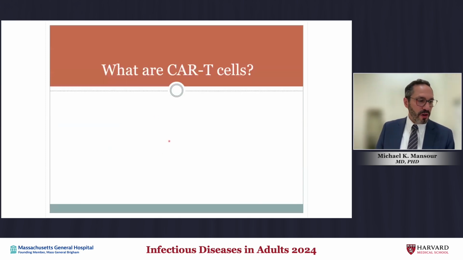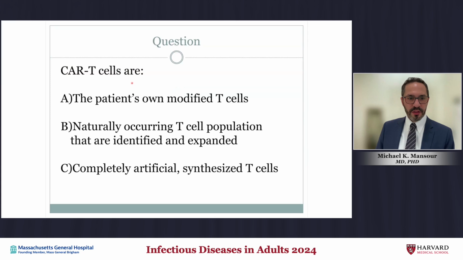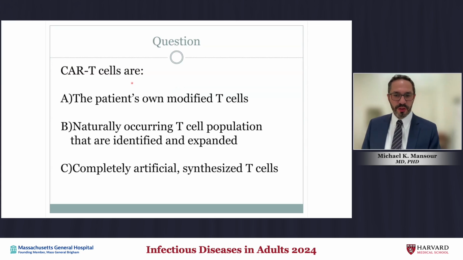In the last part of the talk, I'm going to quickly go through CAR T cells and then we'll close. So the other immune modulating treatment you would likely encounter are cellular therapies. So we were just talking about antibodies, molecules. These are cells, okay? And so what are CAR T cells? That is the question which we'll review at the end.